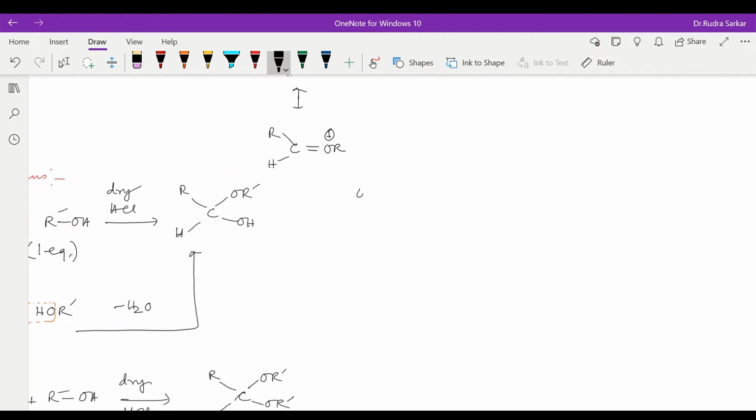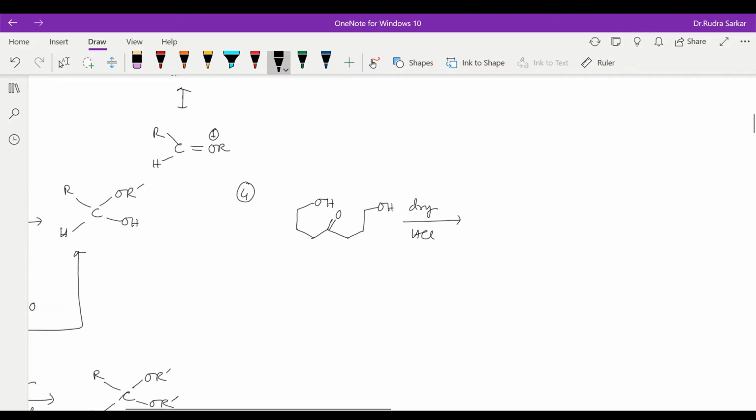Okay, let's do a few more examples. Say question number 4. I have now given you something like that, and I have said treat this with dry HCl. What will you do?